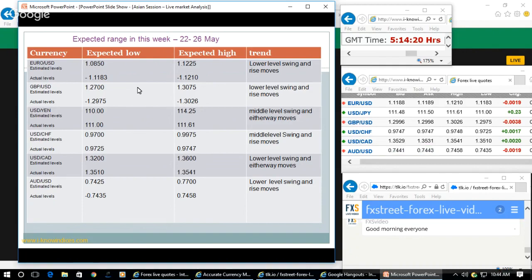We need to understand this by reading the market using the live market quote page. In the live market quote page, you can see easily that Euro, GBP, and Australian dollar are showing negative net change. USD CHF and Canadian dollar are showing the positive net change.